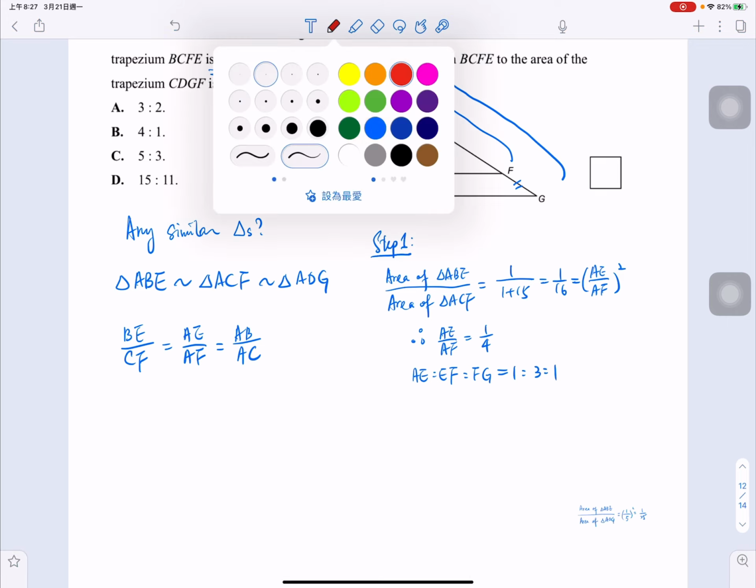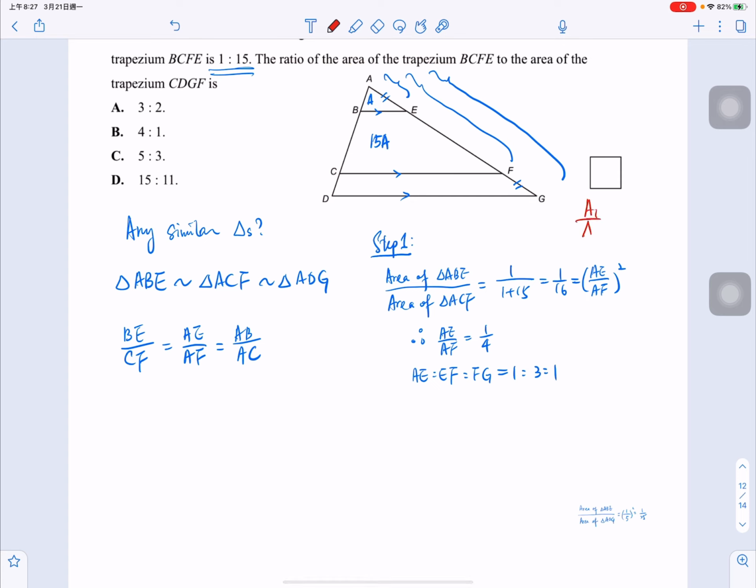Again, the A1, A2 area ratio equals the ratio of lengths, and then take the square. So here is 1 over 4, because taking the square root of 1 over 16, you know it's 1 over 4. So this one, 1 and 4. And here AE equals FG. So this part, AE to EF, the middle one, to FG here, is 1, 2, 3 to 1.